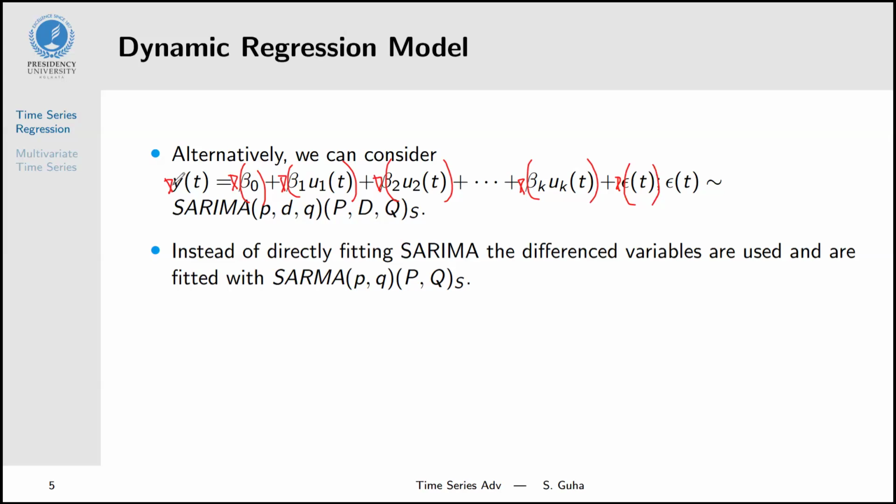Then you apply another differencing, then another differencing. Similarly, you can also keep on doing differencing on the right hand side. So that means if you applied d times this differencing, this will be applied here also. And then you apply this capital D differencing.